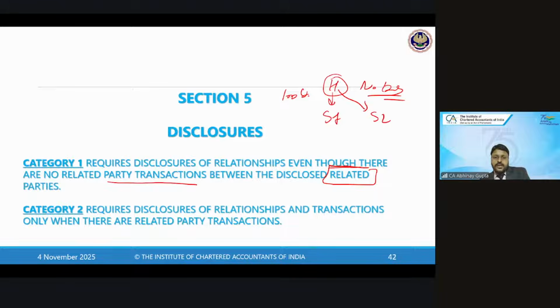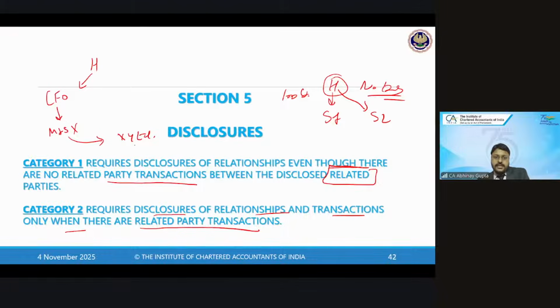Then category 2 disclosures are required disclosures of relationships and transactions, only when there are related party transactions, correct? So this is the second category. Now suppose, for example, H Limited has a CFO, and the CFO's wife, Mrs. X, has a business, say XY Limited company.